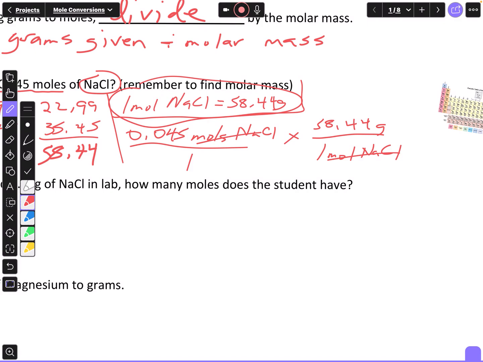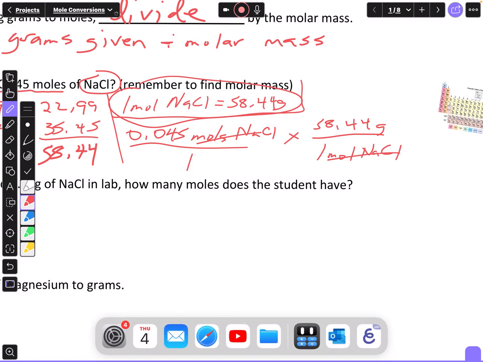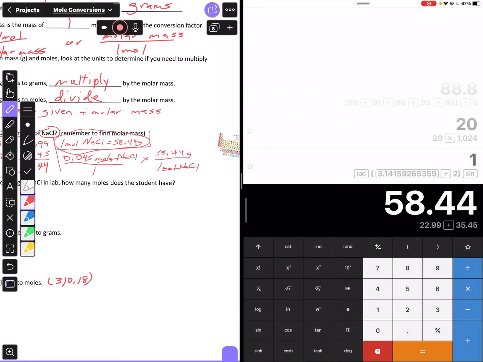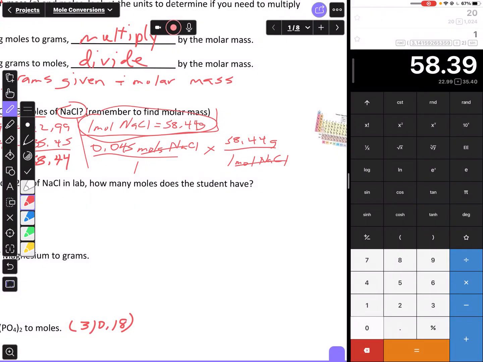I take 0.045 and multiply it by 58.44. And I get 2.6298. I'm going to round that to 2 decimal places.